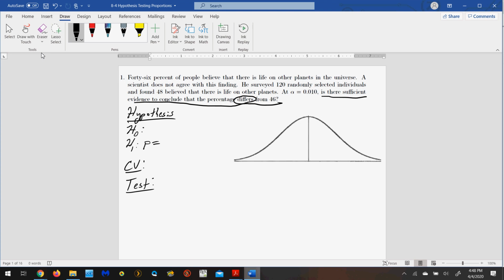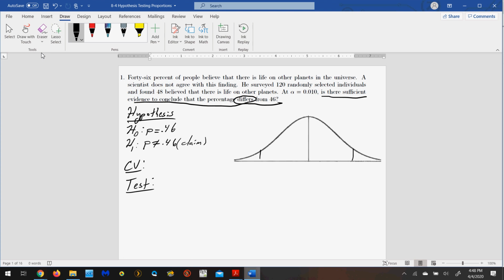My claim being the proportion is not equal to 0.46. Which means for the null hypothesis, it would equal 0.46. The alternate always tells you the tail test. Not equal would refer to having two tails.